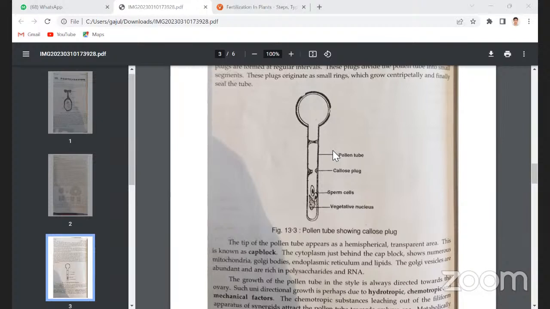The chemotropic substances leaching out of the filiform apparatus of the synergids attract the pollen tube towards the embryo sac. Metabolically active substances like carbohydrates accumulate at the tip of the pollen tube and establish the physiological polarity. So this also contributes to unidirectional growth of the pollen tube. These are the ways of unidirectional growth.